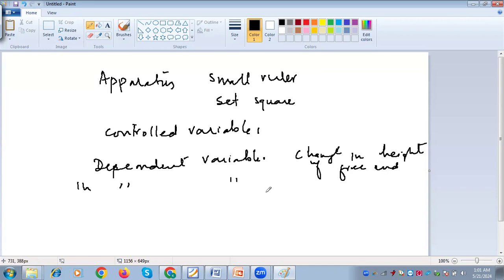And the independent variable is what we change, like the slotted masses. So masses. And what should be kept constant here? The dimensions of the strip.